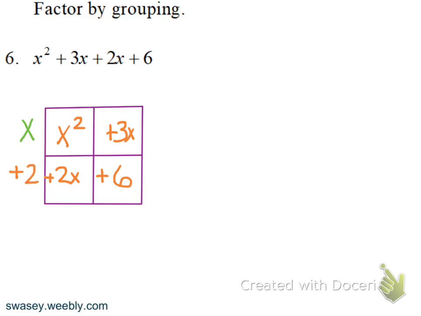Now we're going to think through x squared divided by x. That would give us x. And then we need to check and make sure that works for the bottom row. So x times 2 is 2x. So we do end up with that term there.